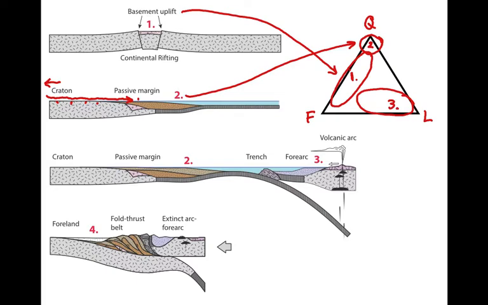Finally, when we collide the extinct arc with the continental crust and we uplift that old passive margin, what we're doing is we're uplifting a bunch of rocks that are sedimentary in nature and were quartz rich to begin with. During this collision, we're very likely to metamorphose some of those rocks as well, and so we'll be uplifting some metamorphic rocks here too.